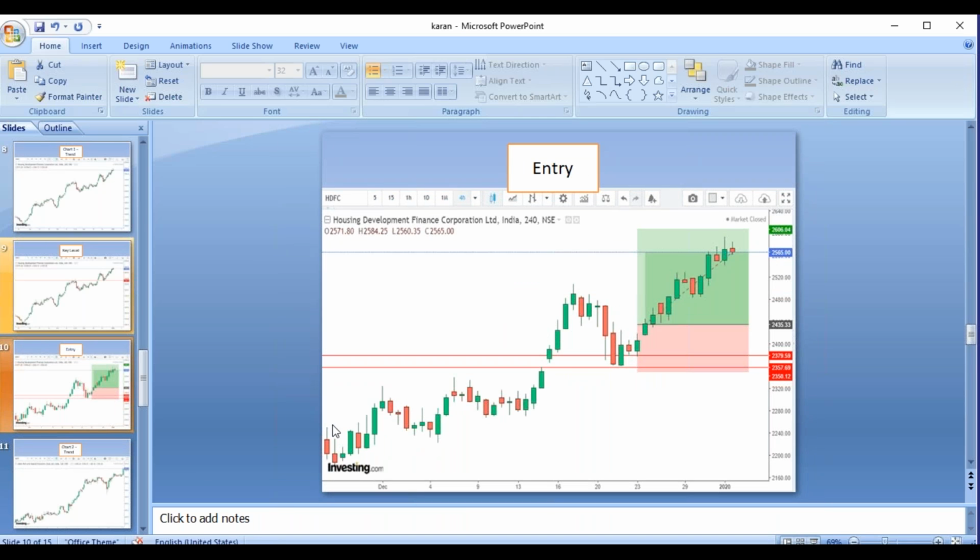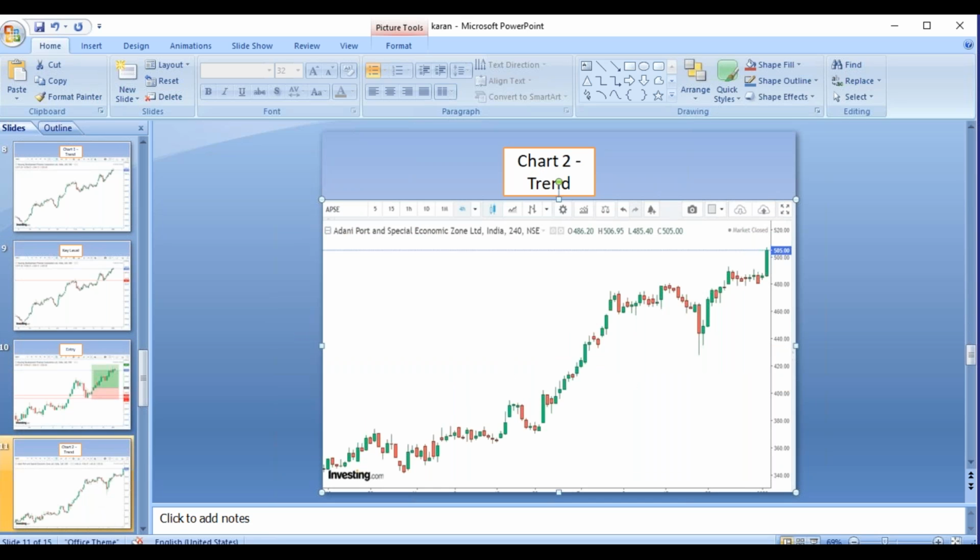Okay, so that is the point. In a shorter time frame, we'll look for a double top or a double bottom. Double bottom in an uptrend to take a buy entry, and double top in a selling market. Okay, so let's look at another example.